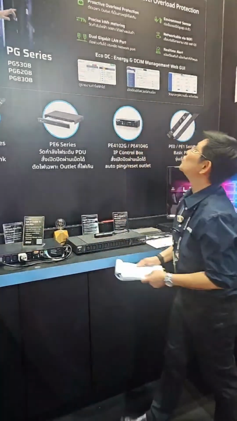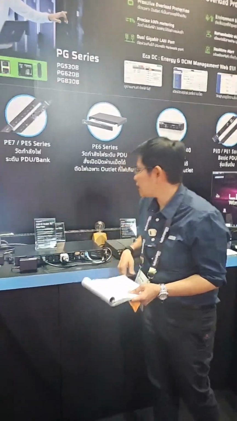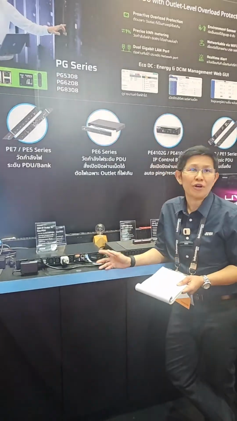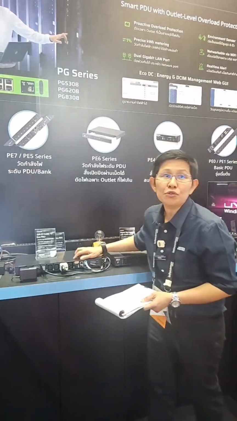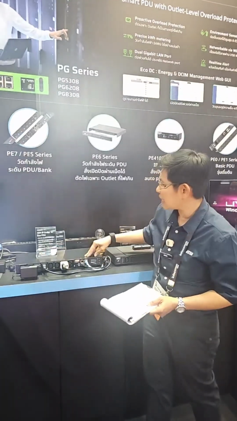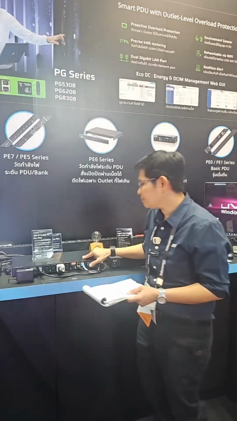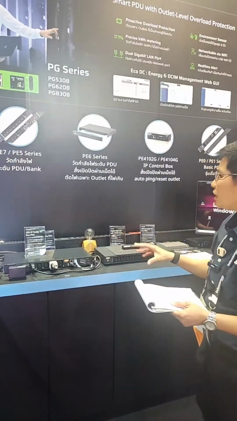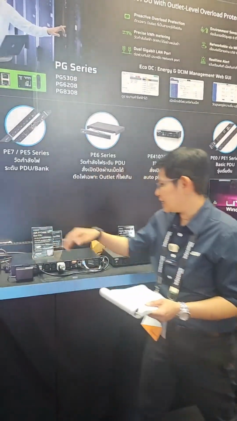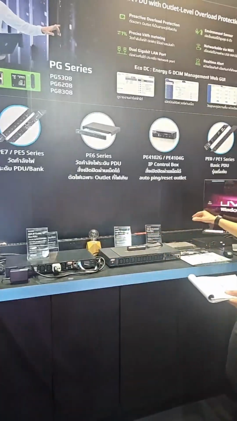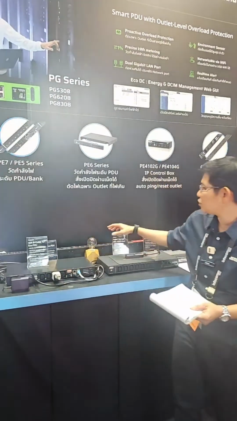In this group, we use the ATEN PG model. This one supports up to 32 amp and 8 outlets in only 1U installation. Okay, and we connect the first outlet to the PC, the second outlet to the digital signage, and the last outlet we connect to the lamp.